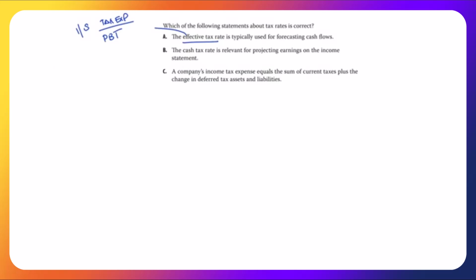This would be good for forecasting tax expense, so no, I wouldn't do that. Cash tax rate, kind of self-explanatory. That's the cash you paid. Is relevant for projecting earnings. No, they've got these the wrong way around. C, a company's income tax expense equals the sum of current taxes plus the change in DTA and DTL. Yep. C is correct because they mixed up A and B.